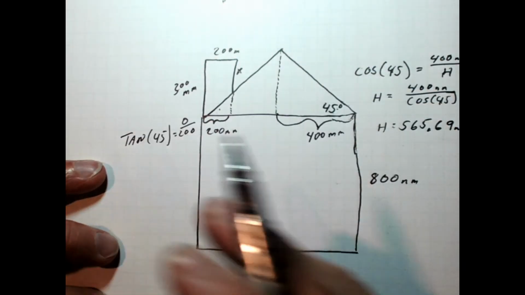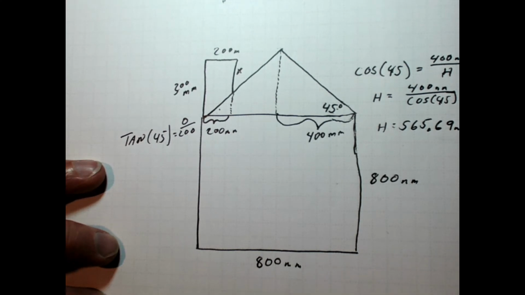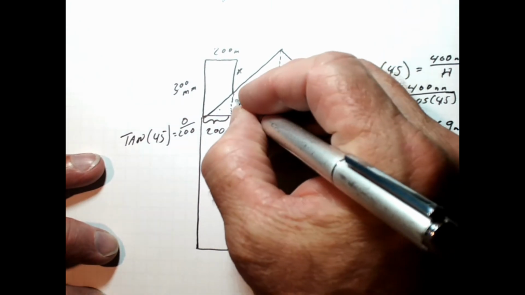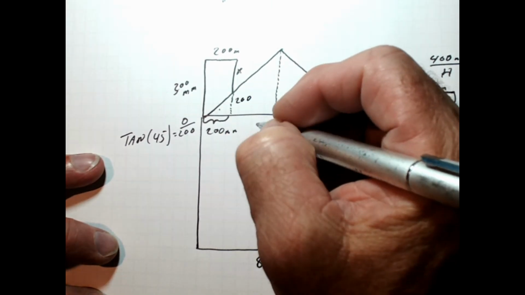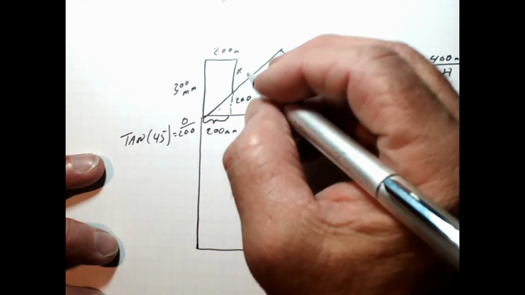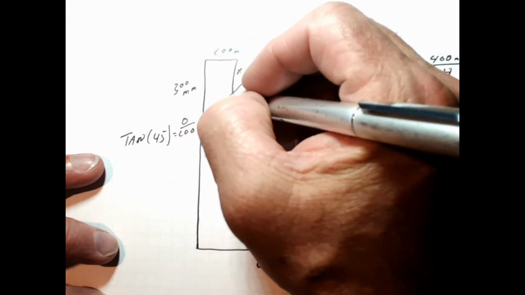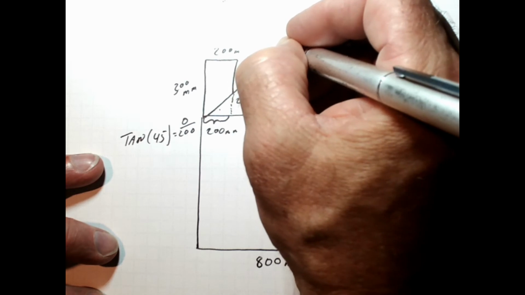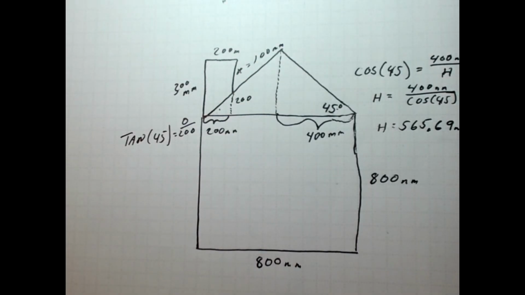And you can use your calculator, but if you've worked with trig very much, you know that the tangent of 45 is 1. So that means this is 200 millimeters, which means my x, I subtract the 200 from the 300, equals 100 millimeters. All right? So now I've got all my distances.